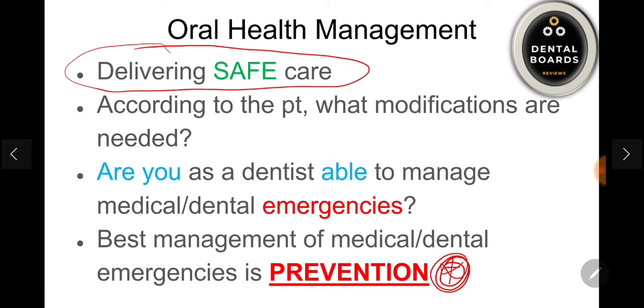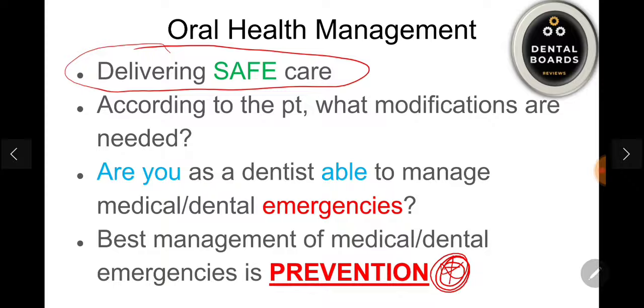And then the other thing is, if you have emergencies, how do you handle them? As I mentioned, the best way to manage emergencies is to prevent them. So you have to make sure you are ready. You have all the emergency drugs and emergency protocols, and your team, your assistants, the front desk, everyone has to know what to do in terms of emergencies before you start.